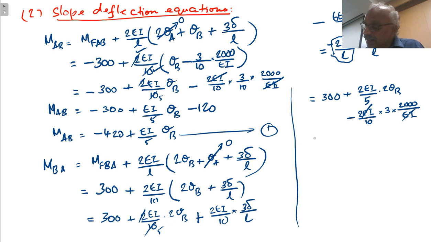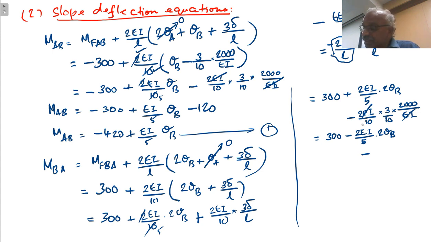So this is equal to 300 minus 2EI by 5 into 2 theta B minus, and here it is 2EI by 10. This 2EI by 10 goes inside plus 3 delta by L. This is delta by L, L equal to 10. This is another 10.